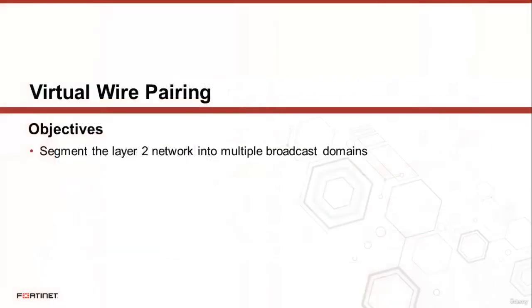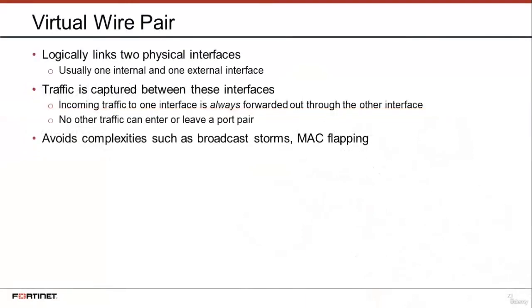Virtual wire pairing. Segment the layer 2 network into multiple broadcast domains. You can use virtual wire pairing when only 2 physical interfaces need to be connected to the same broadcast domain. The most frequently seen example of this is FortiGate connected between the internal network and the ISP's router.